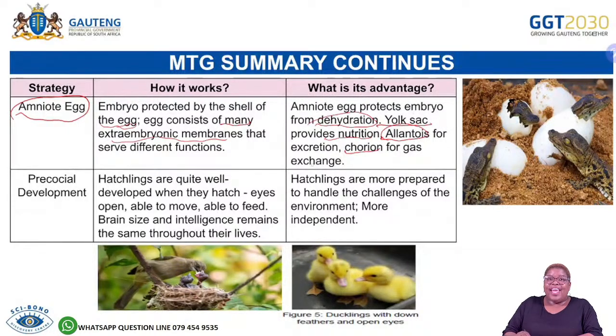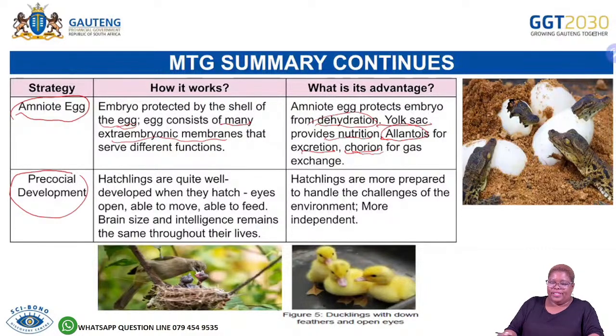It is for excretion. Remember, excretion needs to take place, nutrition needs to take place, and also gaseous exchange needs to take place where? To the developing embryo. So the allantois is for excretion of waste products, and then we've got the chorion, which is responsible for the gaseous exchange.